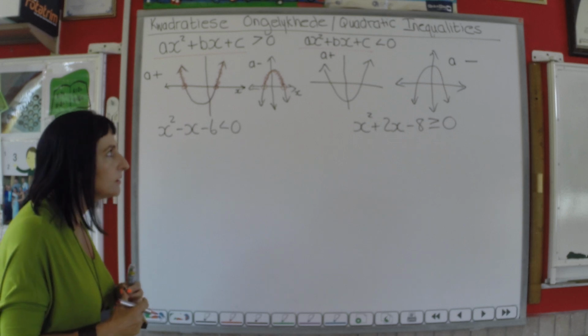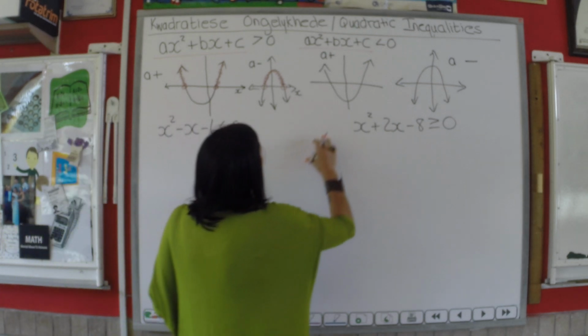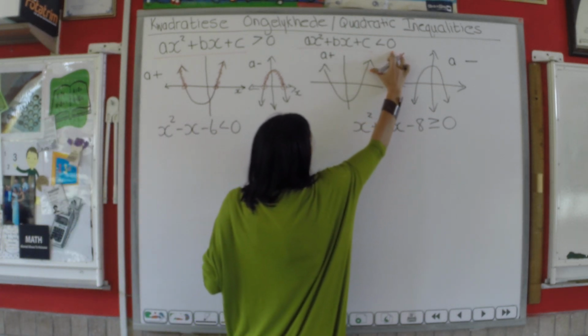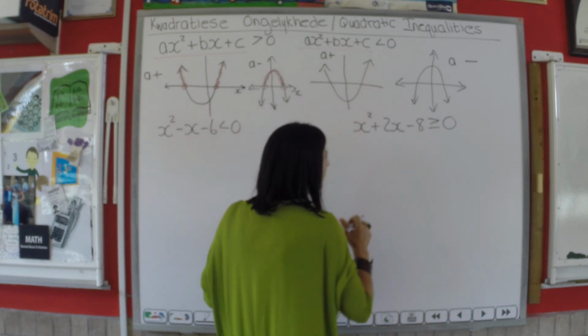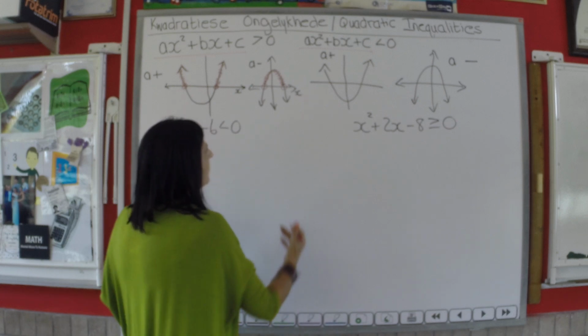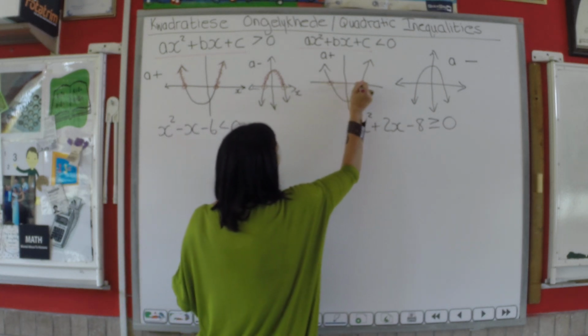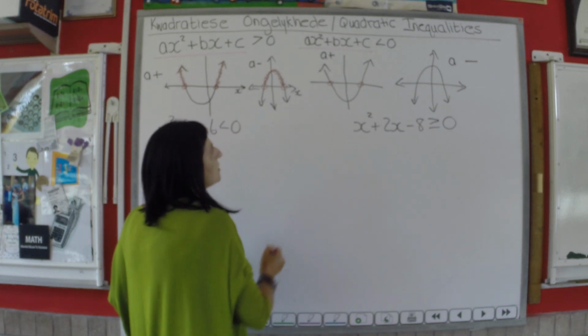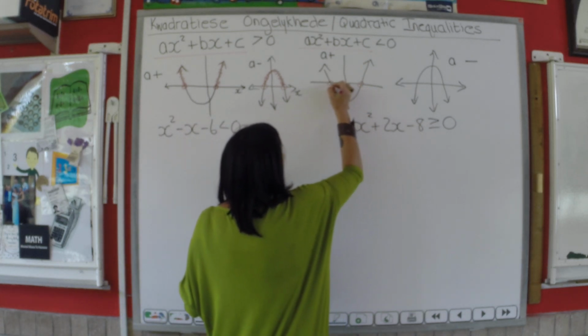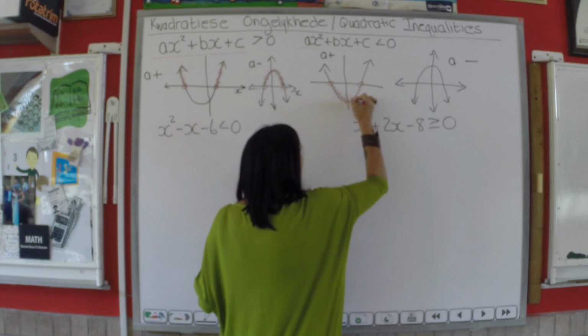Het julle dit? Kom ons kyk aan hierdie kant. Smaller than 0. The inequality smaller than 0. Dit beteken aan die onderkant van die x-as. Hier sit 0, maar maak ook kolletjies, want daar's nie is gelyk aan y nie. It's not equals to 0, it's only smaller than 0.